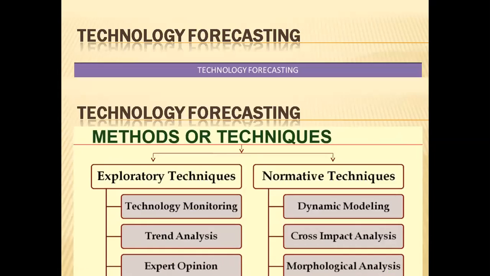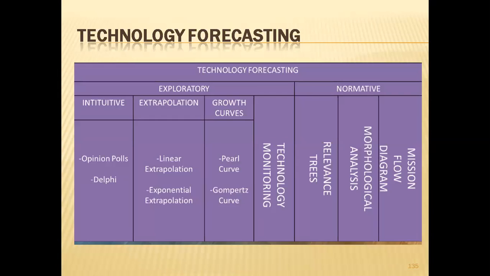Now one more way of classification, again exploratory and normative. Exploratory is divided into two types. Intuition is about opinion, collecting data from experts. Extrapolation is purely mathematical, where you try to predict the data in the form of an equation, either linear or exponential, what in mathematical terminology you may know as curve fitting.